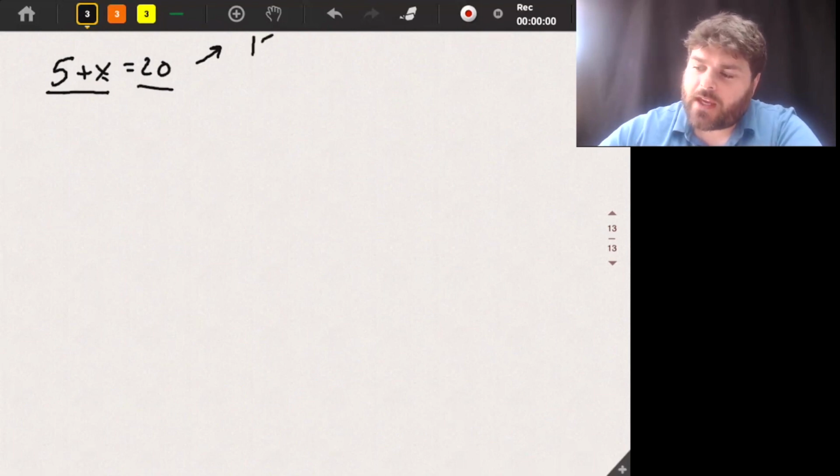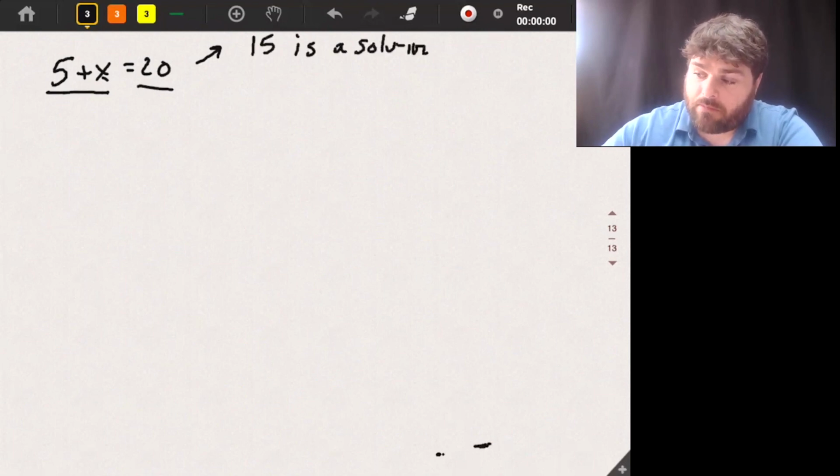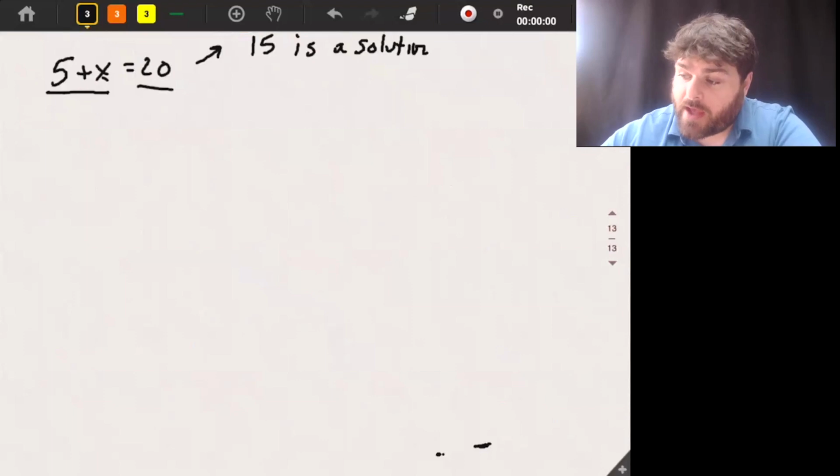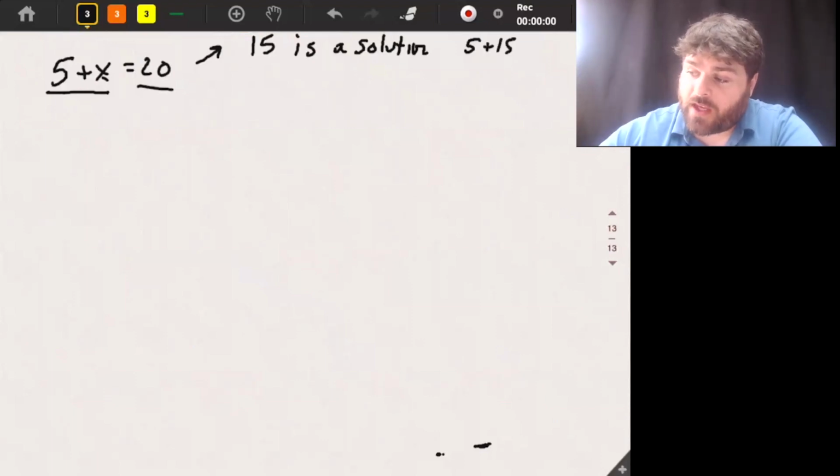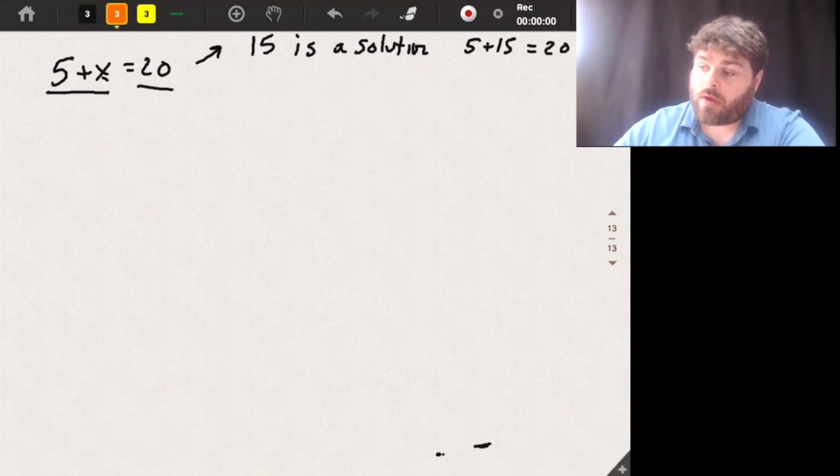So 15 is a solution. How come? It's because 5 plus 15 does in fact equal 20. It's true, okay? 20 does equal 20, that's true. So that number 15 made that equation true, so we're gonna say 15 is our solution, okay?